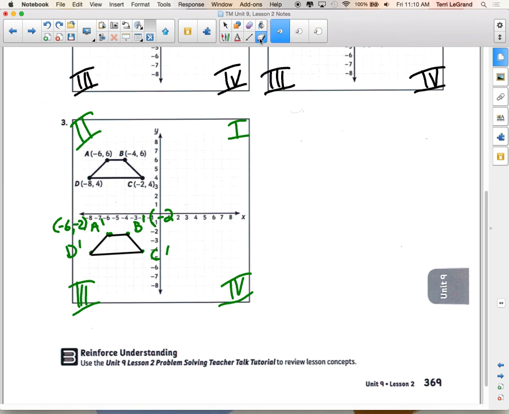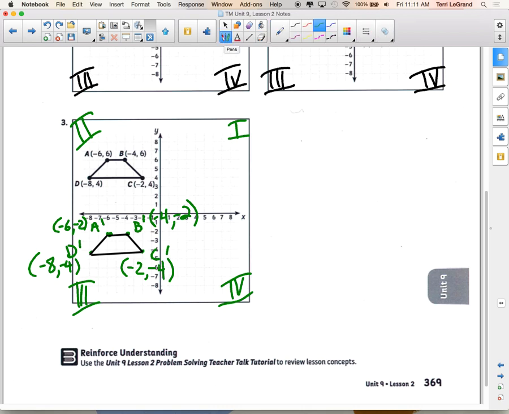Oops, wrong thing. Making mistakes up here because I can't see my other paper like you can. Okay, did you label everything? Does it look like our trapezoid just moved downward? Did it go down from quadrant 2 to quadrant 3?